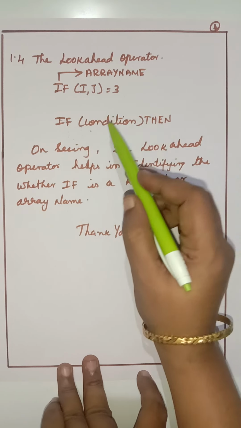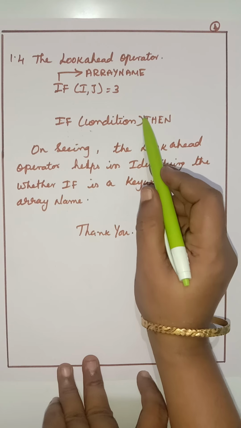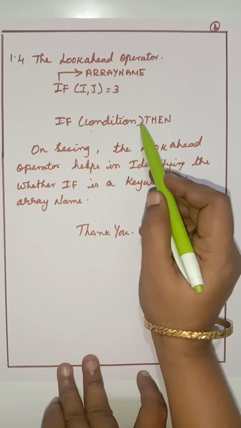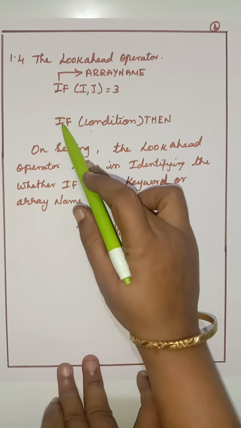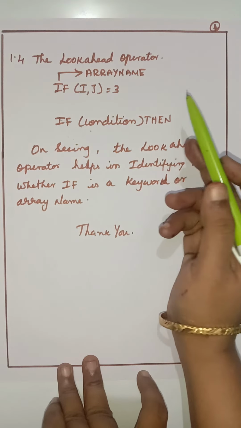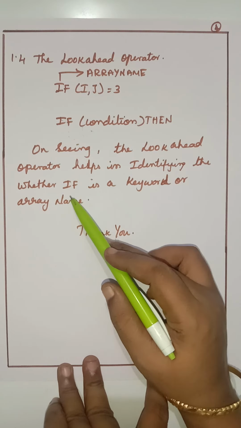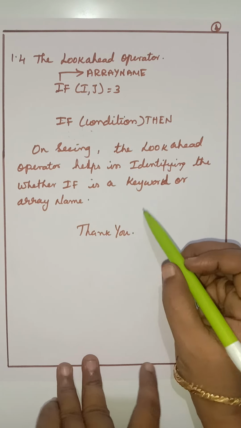But in the other case, with lots of characters, at last it identifies the close symbol, and on reaching the close symbol it identifies that this is the keyword for checking a condition. This is what is called the lookahead operator. The lookahead operator helps in identifying whether IF is a keyword or an array name. Thank you.